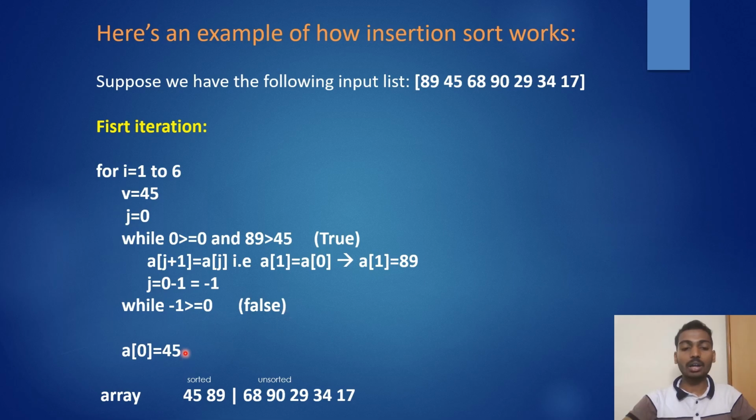So the loop comes out and executes a of j plus 1 is equal to 45. Then 45 will move to the first position. Now this is the array, with its sorted and unsorted parts.